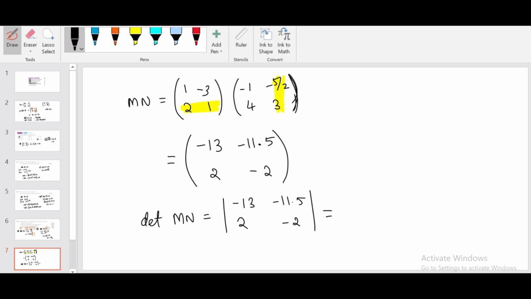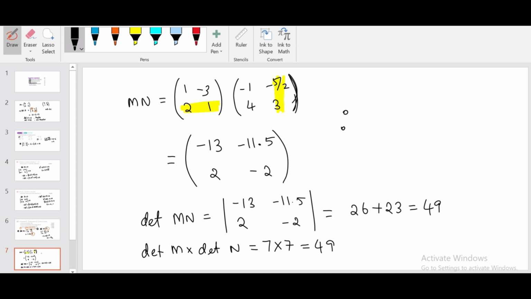Multiply the leading diagonal, you will get 26 minus 2 times minus 11.5, which is 23. So plus 23 is 49, right? If you take the determinant value of m times the determinant value of n, it's 7 times 7, also 49, right?